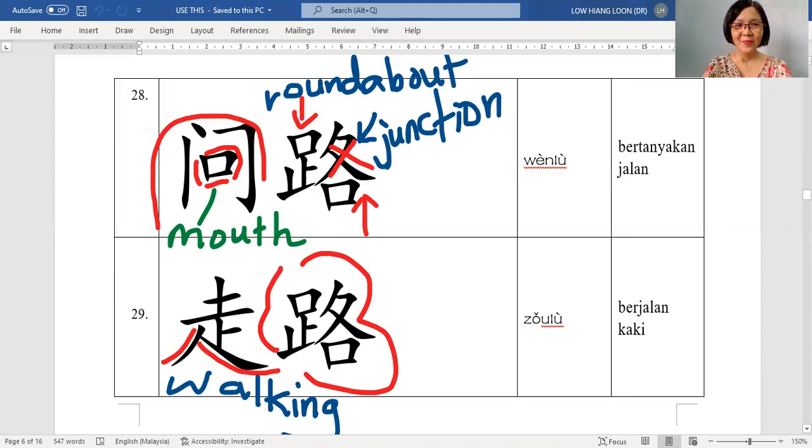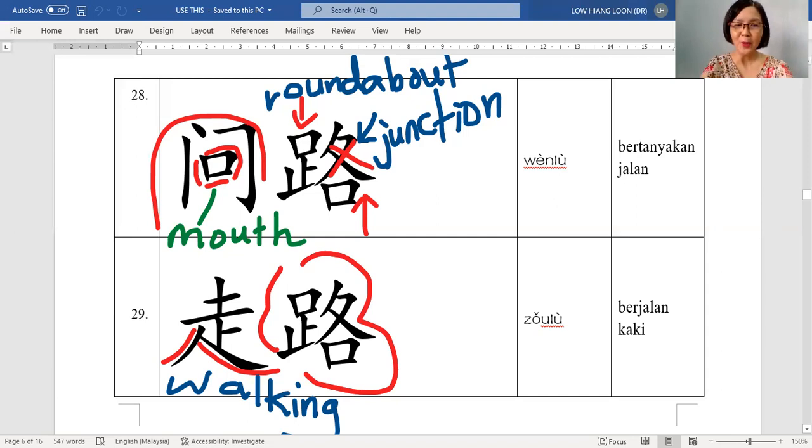Embarrassing. Okay, embarrassing to ask, but still need to ask lah. But it's so difficult lah. Okay, it shows that. Okay, how? Then? Okay. In the second character, there are 2 mouths like a roundabout, and there are 2 strokes X like a junction. So it means jalan. Okay, or road setting.